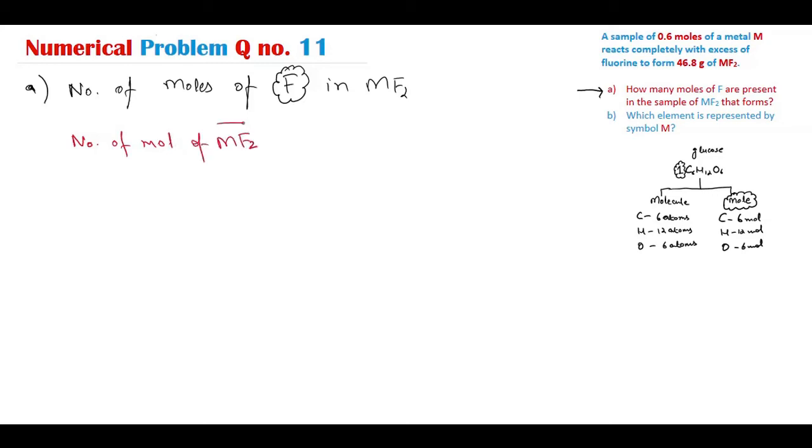So this is going to be the first part actually. For this purpose, let me write down a supposed chemical equation. Why am I saying a supposed chemical equation? Because we still do not know what the metal M actually represents. Supposed balanced chemical equation.